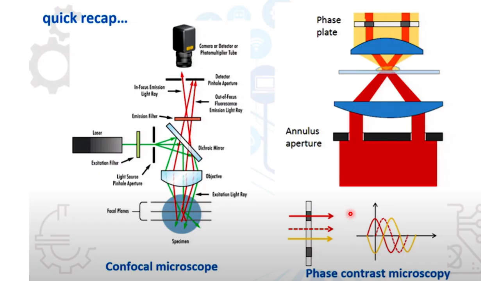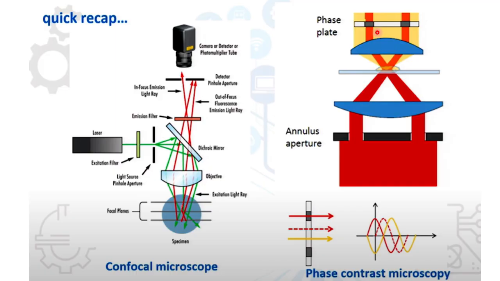Another important type of optical microscopy is phase contrast microscopy. In phase contrast microscopy there are two extra modifications, that is the annulus aperture and the phase plate.